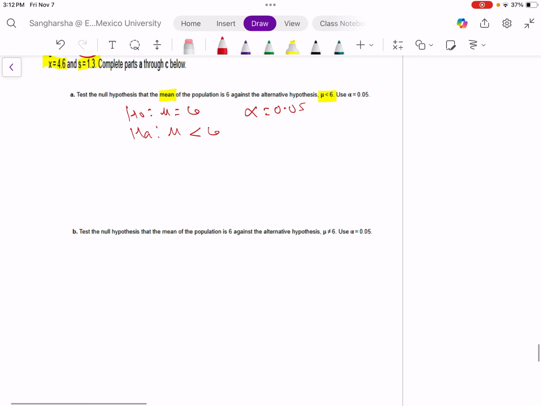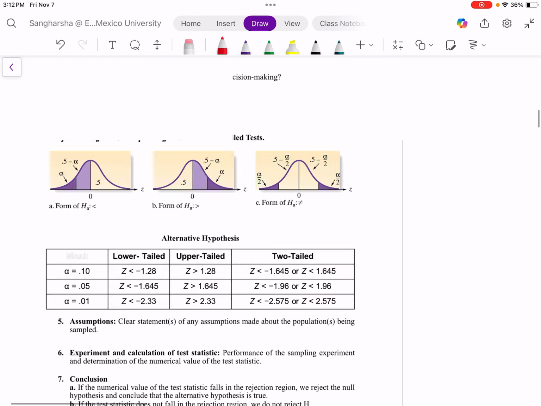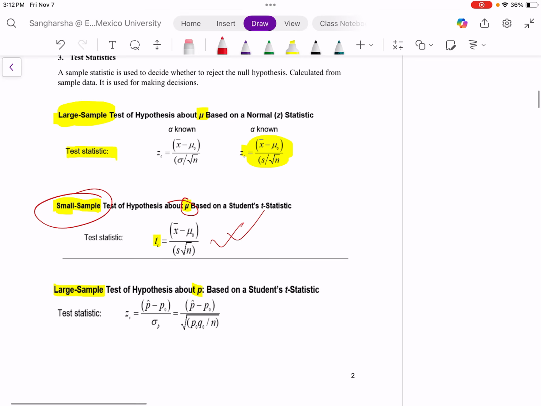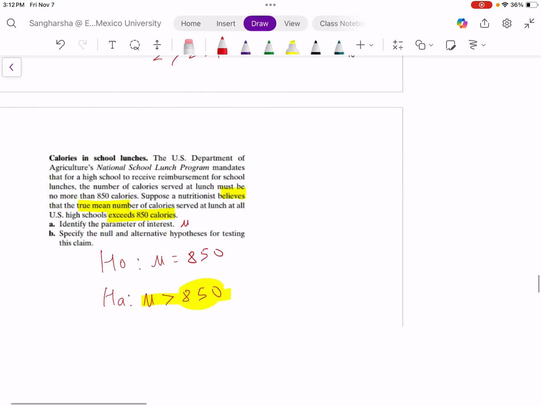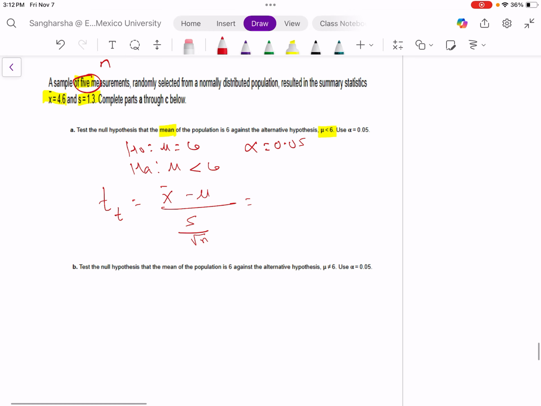So our test statistic is the t statistic, which is x bar minus mu divided by s over square root of n. X bar is 4.6, mu is 6, and the standard deviation is 1.3.